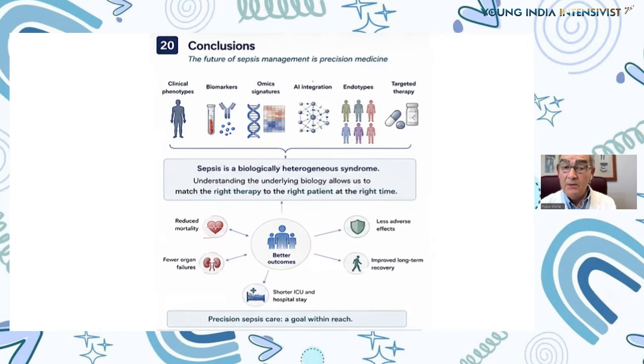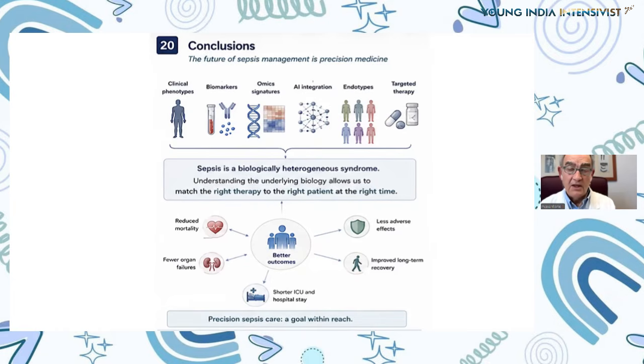But we have to keep in mind once again that sepsis is biologically heterogeneous, and the underlying biology is not always easy to understand or to allow us to identify the right therapy, for the right patient, at the right time.